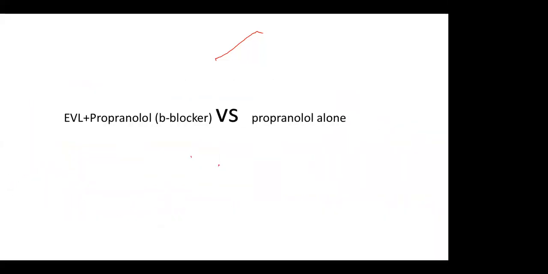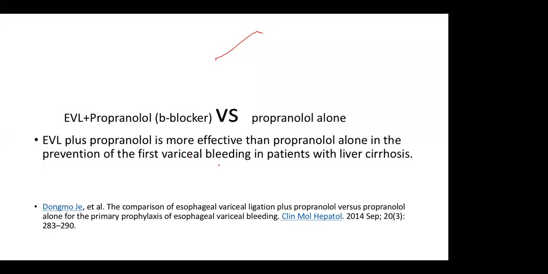Comparing combined therapy with single therapy, for example endoscopic variceal ligation plus beta blocker versus beta blocker alone, they found that the combination of endoscopic variceal ligation plus propranolol is more effective than propranolol alone in the prevention of the first variceal bleeding in patients with liver cirrhosis.